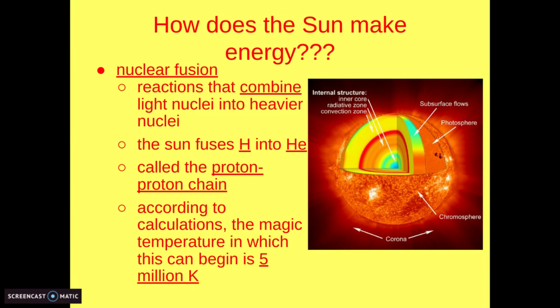And according to different calculations, the magic temperature where the fusing of hydrogen into helium can actually begin is 5 million degrees Kelvin. So super hot. If you look at this image, it shows the different layers of the sun and just how it would radiate out as it would go through these different cycles.